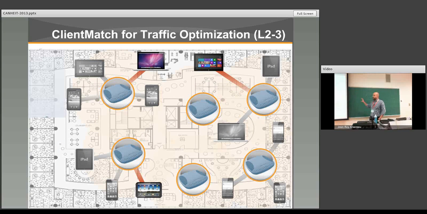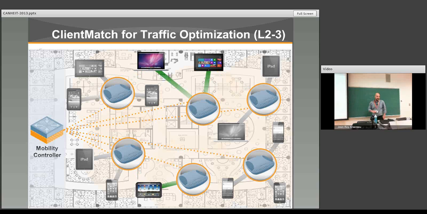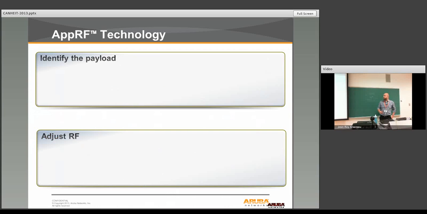All of that is dependent on using this application awareness. At the end of the day, what this comes down to is using that layer 4 through 7 knowledge and optimizing the air around that. If I've got multiple clients on an AP that are streaming data or downloading video, load balancing those clients across their available channels is critical.